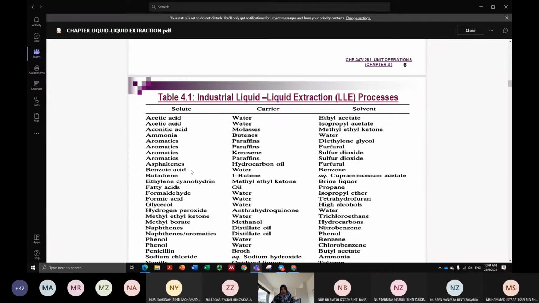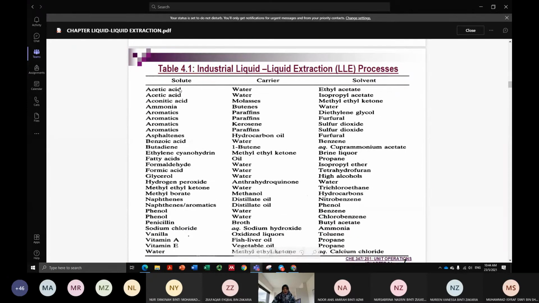Normally you have your solute plus your carrier in the solution, and your interest is in the solute. So you have to select properly the type of solvent that can extract your solute from the solution.